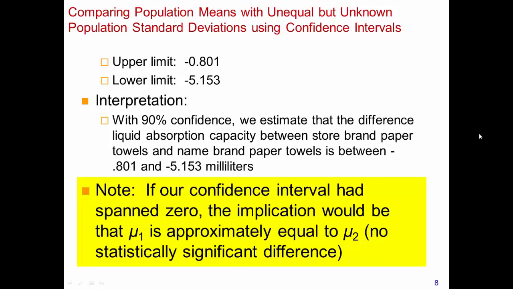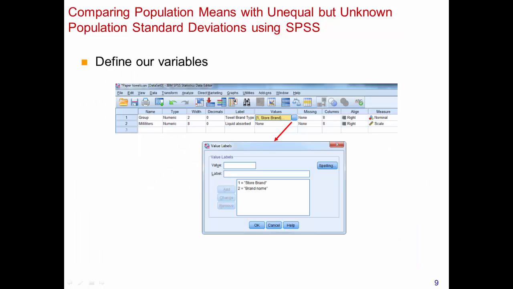So let's walk through how we would run the independent samples t-test in SPSS, which provides us both the result for a hypothesis testing and for a confidence interval at the same time. Very convenient, isn't it? The first thing we want to do, as with any SPSS exercise, is to go ahead and define our variables.